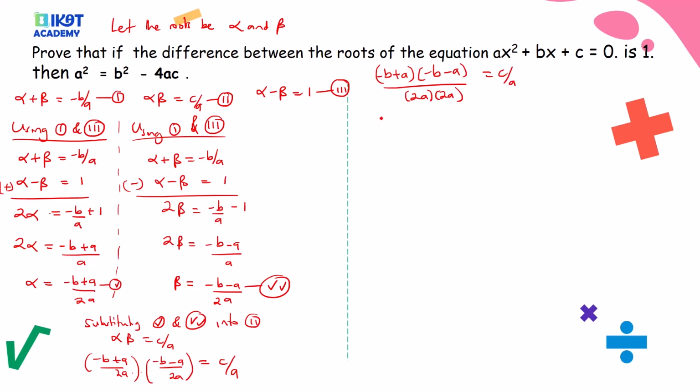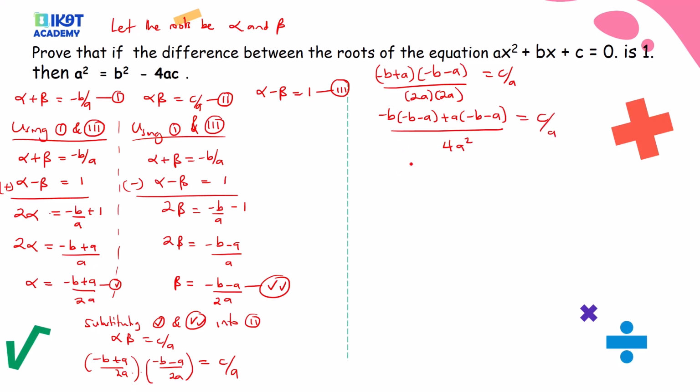So opening this bracket, this is negative b into negative b minus a plus a into negative b minus a over 4a squared is equal to c over a. So here, what do I have on opening brackets?